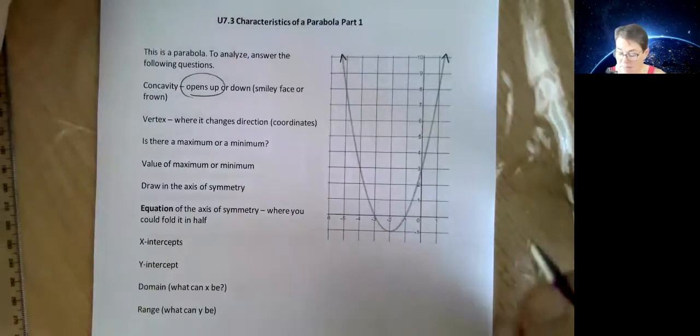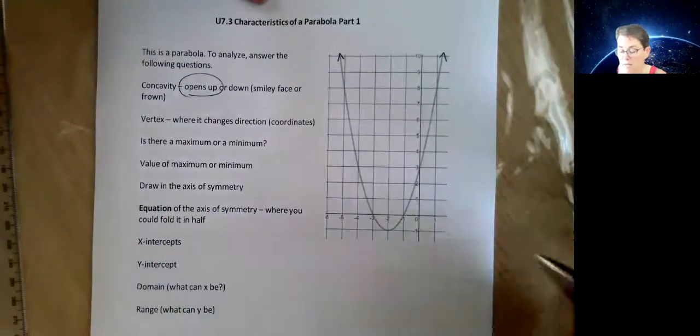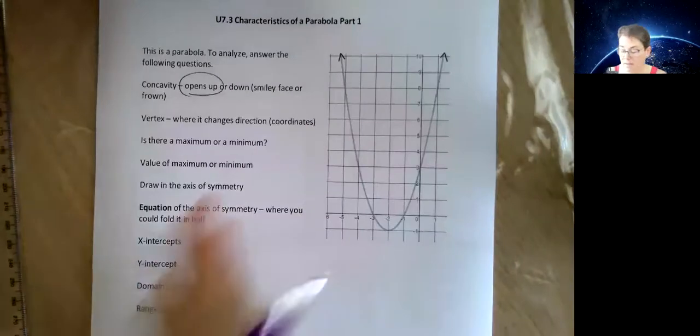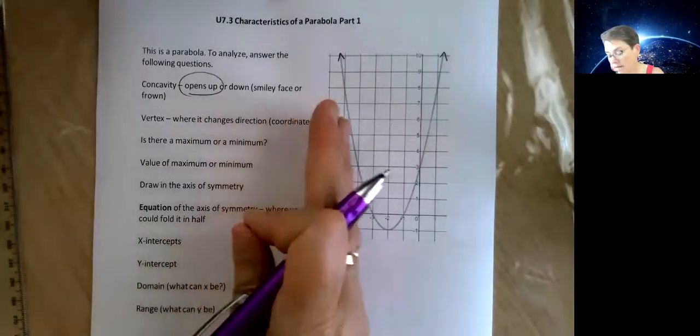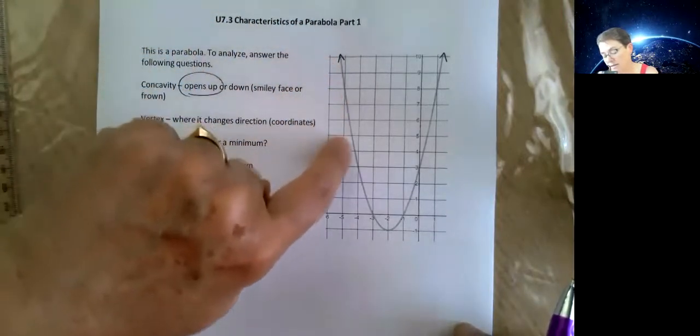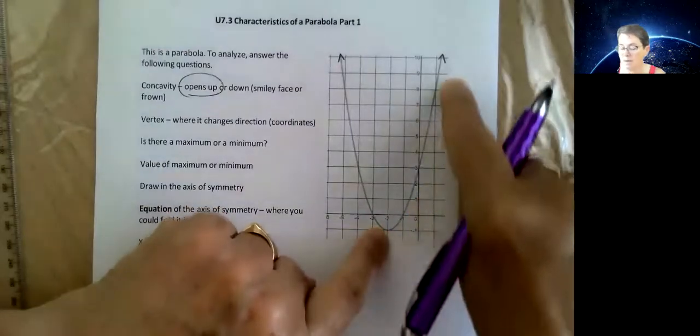All right, we need to be able to find the vertex, and the vertex is where it changes direction. As with every graph you read, you start reading left to right. So it goes downhill, downhill, downhill. It's going down, negative slope. And then it gets to this point, and then it starts going uphill.